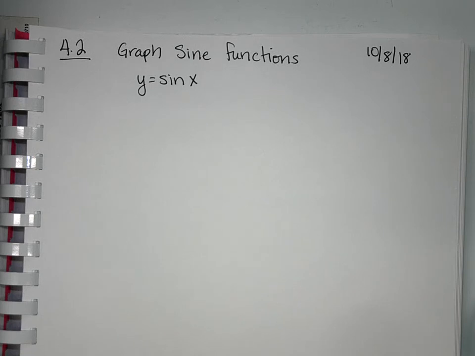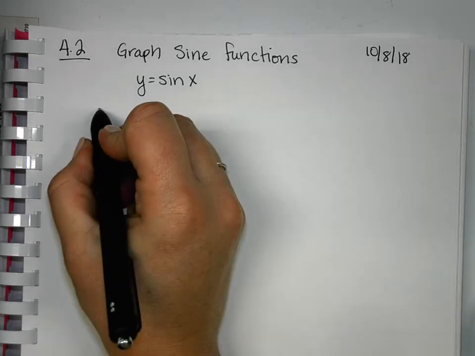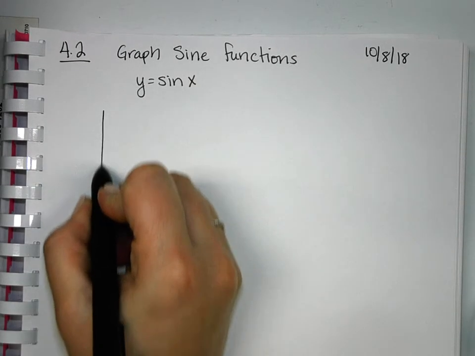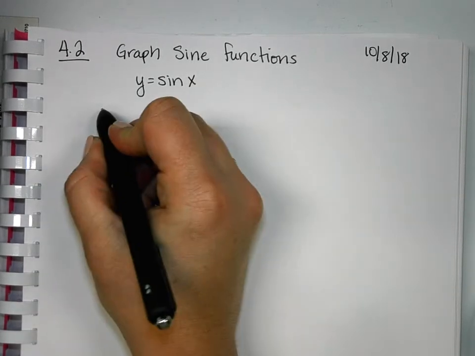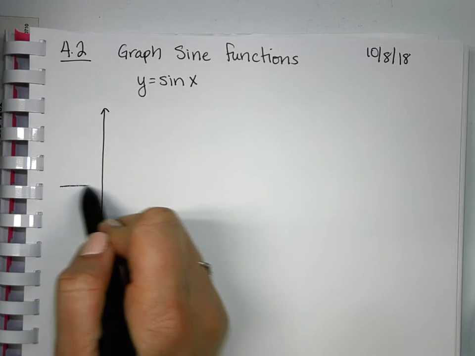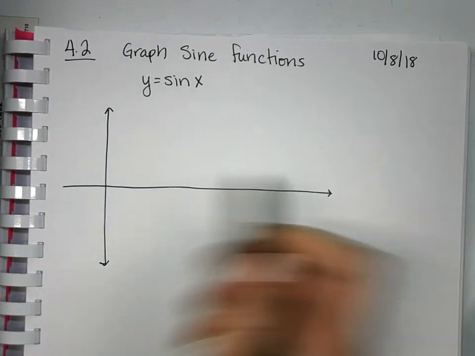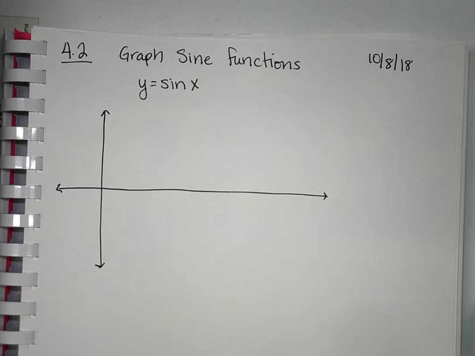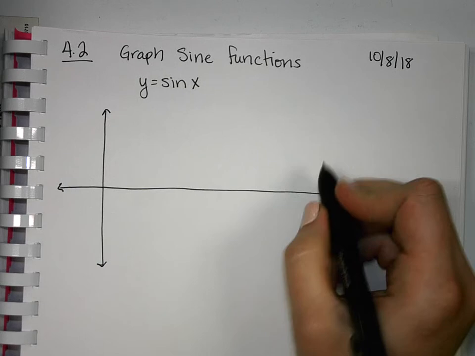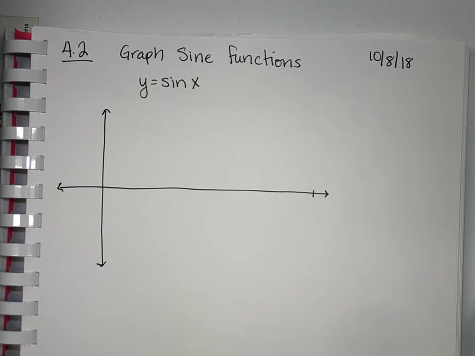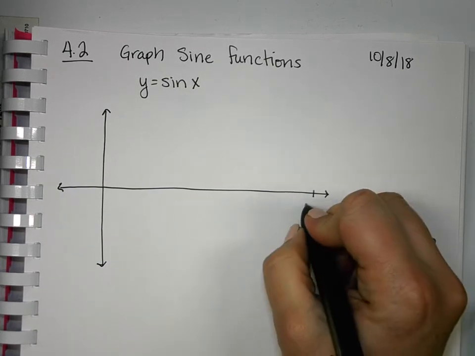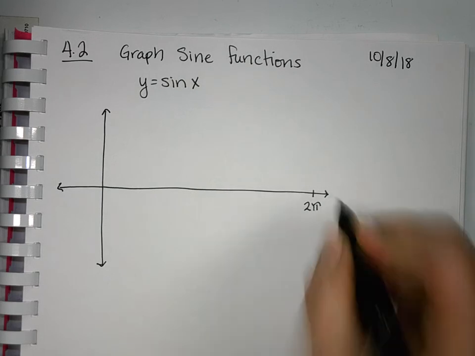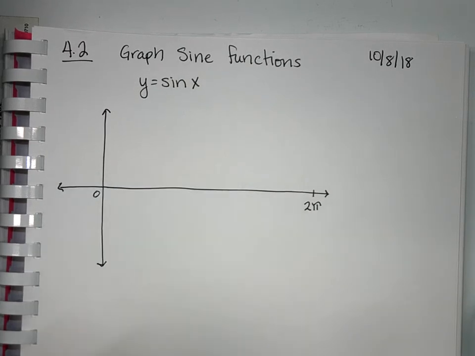So to start us off, just so you guys know, I'm just going to use one graph for all three examples today. Or at least to start with all three examples. So some things that you might want to remember about sine graphs is that one, what we call period, or one cycle, goes from 0 to 2 pi.